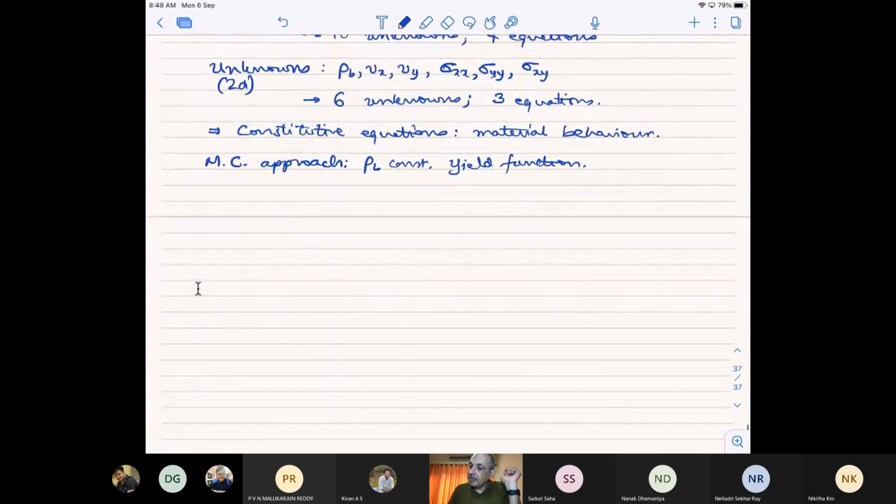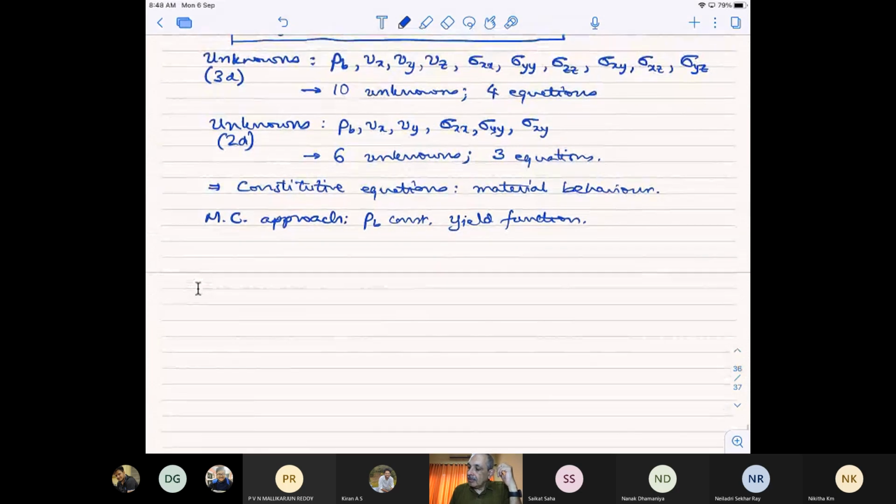So for example, for 2D, once rho b is constant, then you simply have one less variable. So you'll have 3 equations, and then plus 1 for the yield function, that will be 4, and you will have something like 5 unknowns. Is that right?